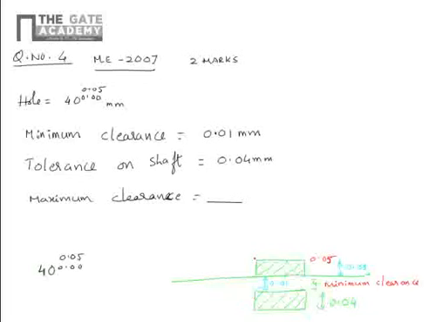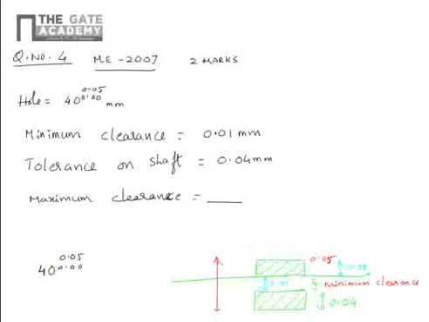So maximum clearance is maximum difference. So minimum clearance is 0.01, maximum clearance is the maximum distance. So this is the maximum clearance, which is equal to the sum of all the values.